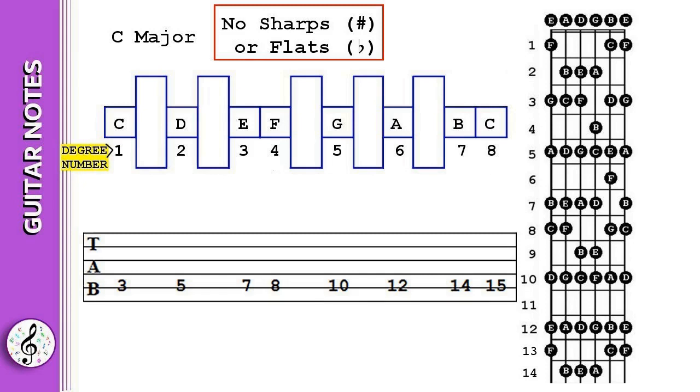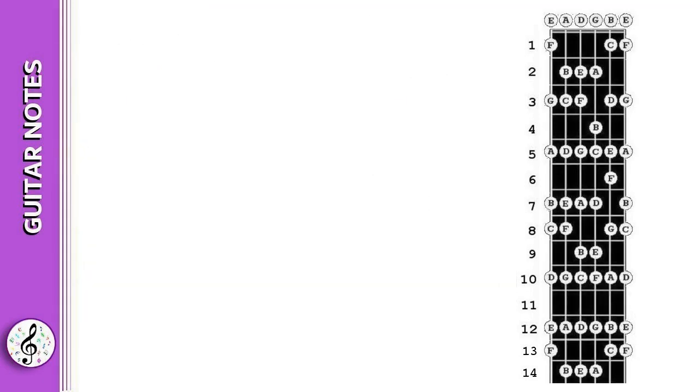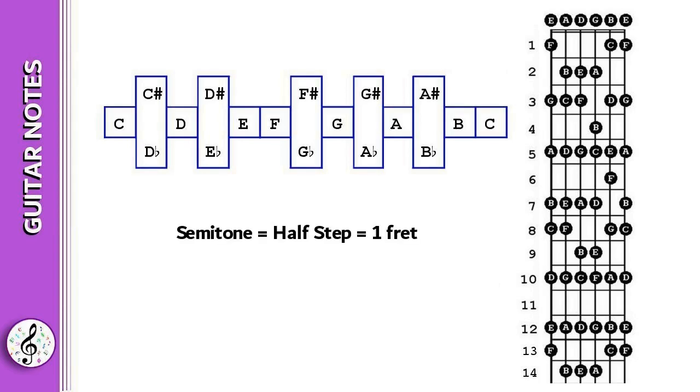So what is an interval? An interval is a difference in pitch between any 2 notes. The 2 smallest intervals are semitones and tones. A semitone is also known as a half step and is equal to 1 fret on your guitar.